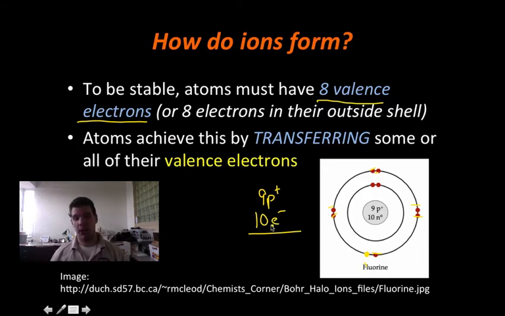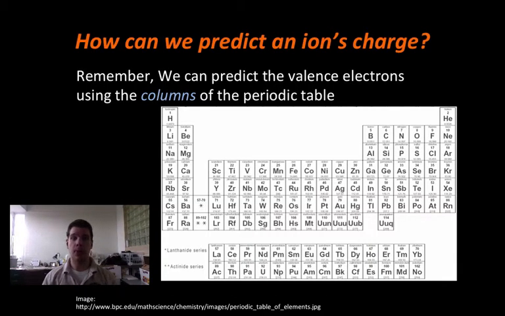I have more negatives than positives, and so I end up with a 1 negative charge. And that is what an ion is. Something that has a charge because he's changed his number of electrons. So we can predict, like we said, the valence electrons using the columns on the periodic table, and that's what eventually we'll use to figure out what the ion charge is going to be for every single element.